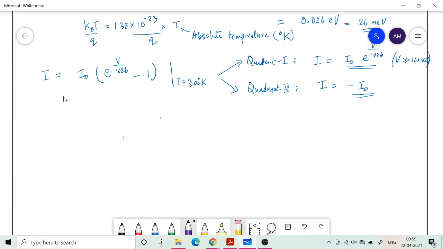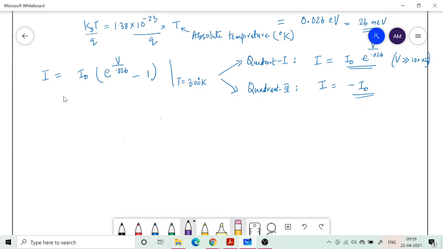You may not require to use this exponential expression. We have simplified it for forward bias and reverse bias, but still carrying on with the exponential expression for the forward bias situation is going to lead us into difficulty for calculating the voltage and current etc. So in order to simplify this analysis of circuits, we take a simpler approach.